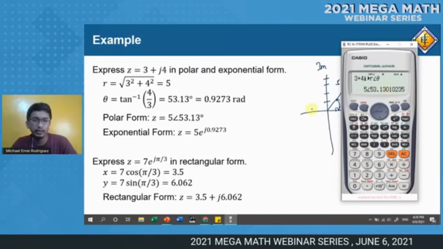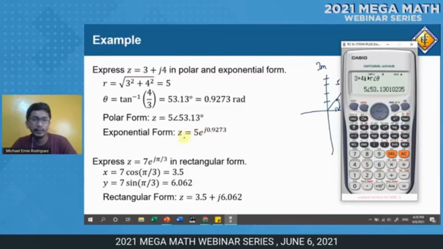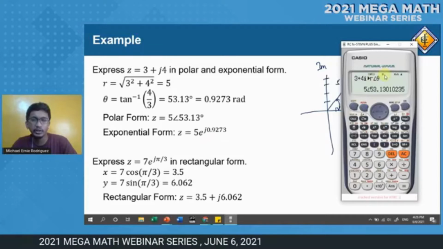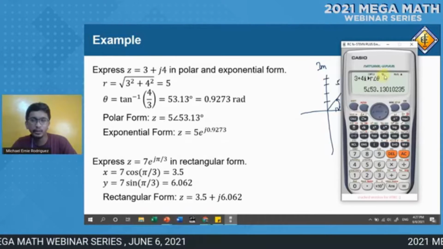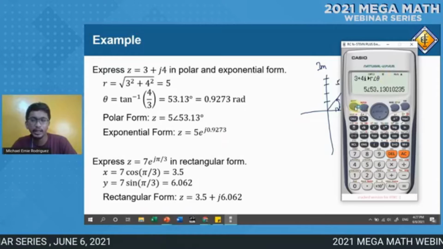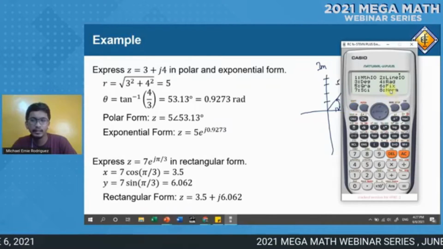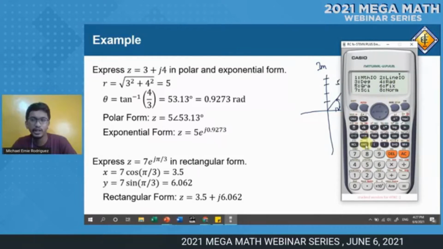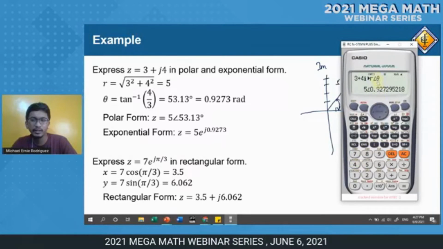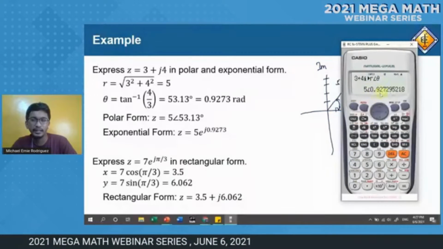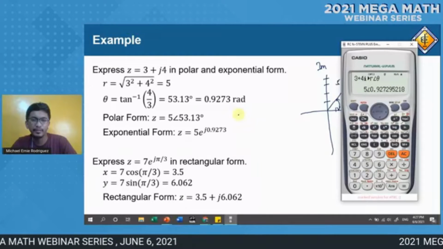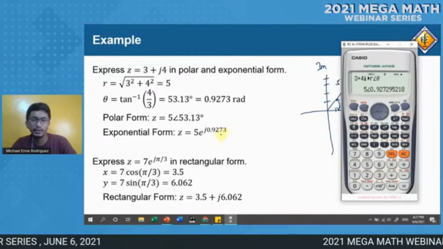For exponential form, we change the angle mode in the calculator's setup to radian. Then the angle shows 0.9273, so we have 5 e raised to j 0.9273.